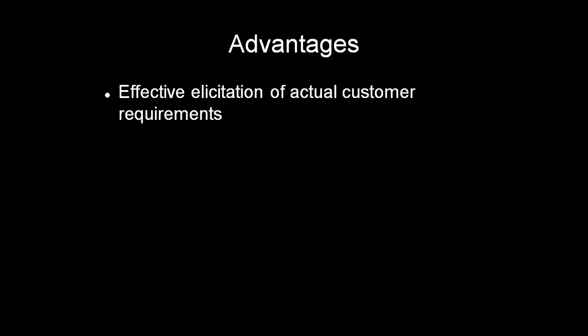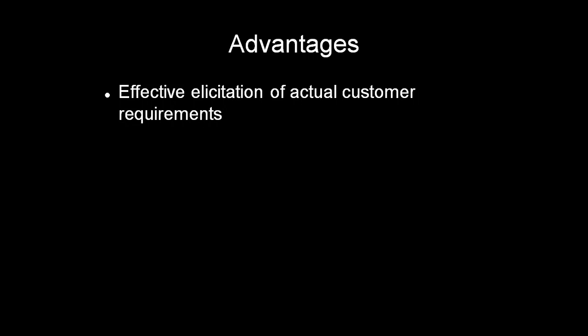So we'll mention only two advantages. There are several advantages for this model. First advantage is effective elicitation of actual customer requirements. So we can gather the actual requirements from the customer if we use this model. Because we are developing the software only partially, it will be given to the customer.